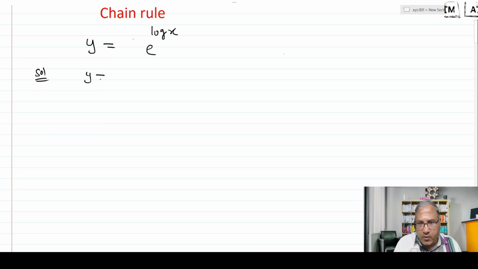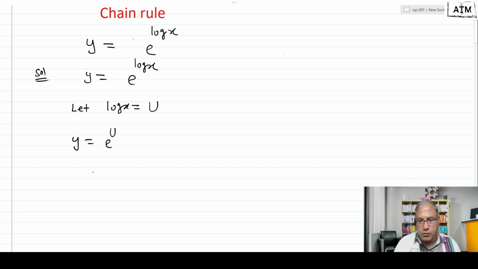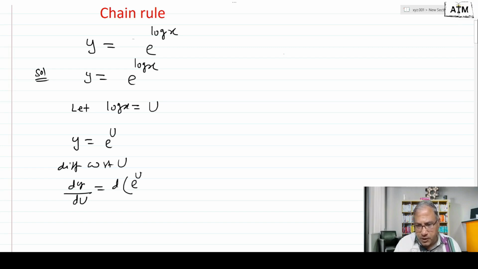In the solution we have y equals e raised to log x. Let log x equal u, so y equals e raised to u. Differentiating with respect to u, dy by du equals the differentiation of e raised to u, which is e raised to u itself.